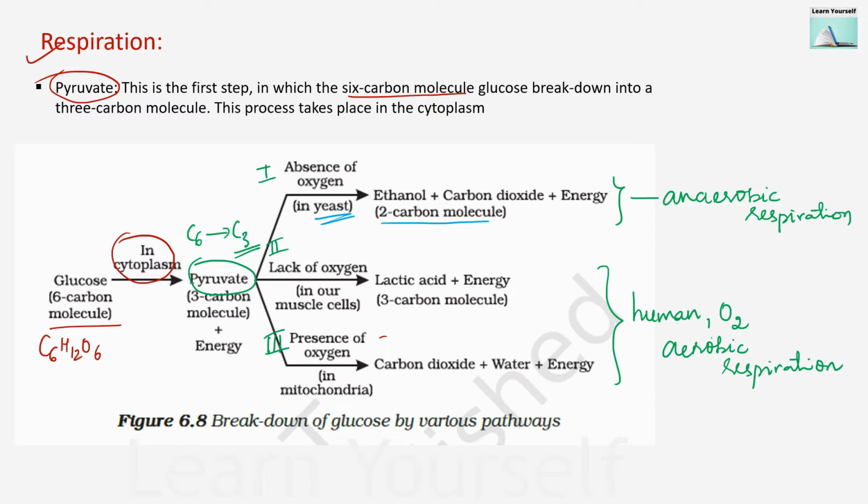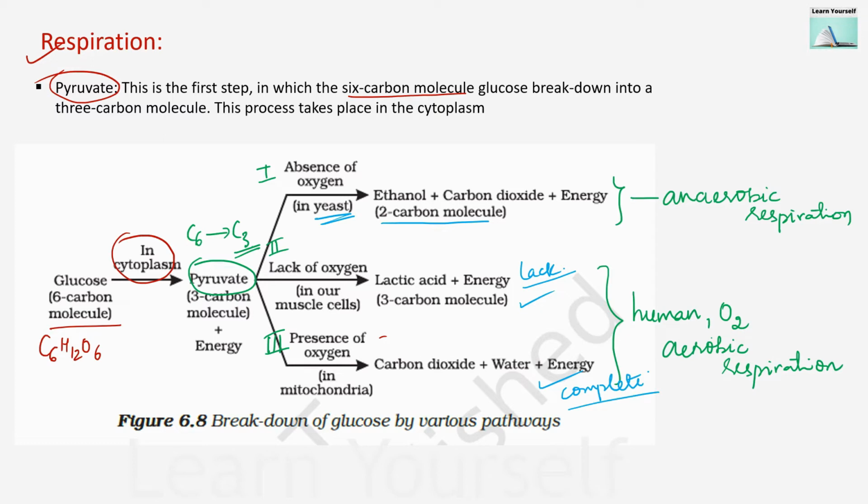Now 2 types of process happen in humans. In one, there is a lack of oxygen and incomplete combustion of the glucose molecule, whereas here the complete combustion of glucose takes place, and it gives us more energy compared to the lactic acid one.